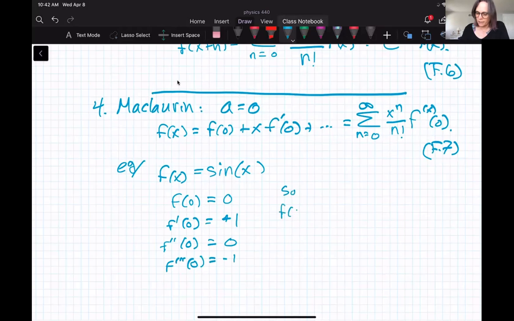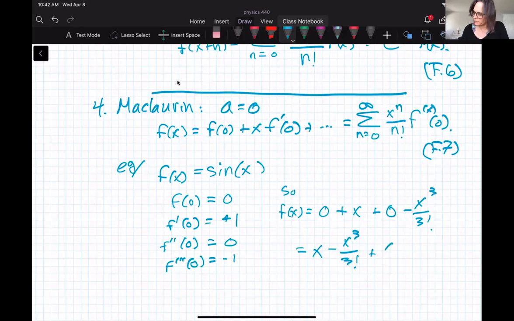So f of x is equal to 0 plus x plus 0 minus x cubed over 3 factorial, or x minus x cubed over 3 factorial plus x to the 5th over 5 factorial minus x to the 7th over 7 factorial.